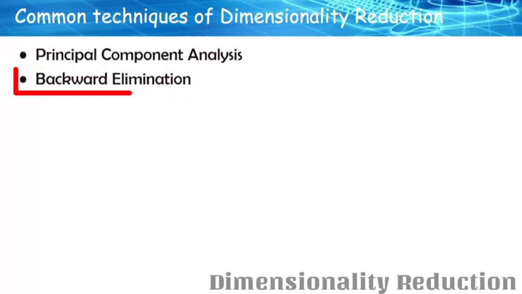There are a few steps for the reduction, so I'll give a quick insight. Firstly, all n variables of the given data set are taken into the training model. Then the performance of the model is checked.